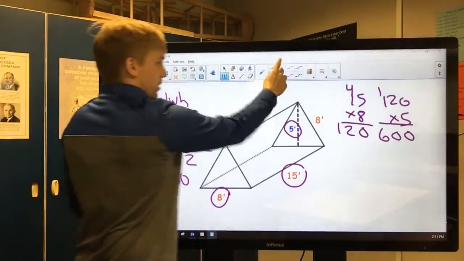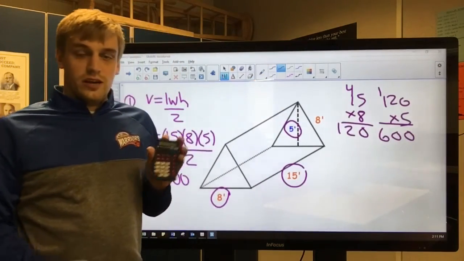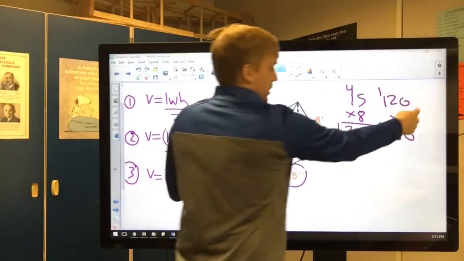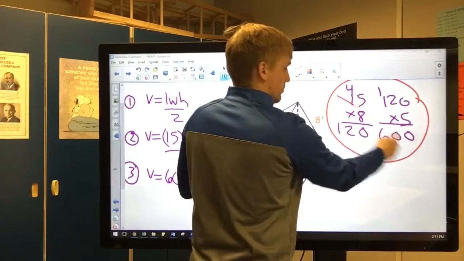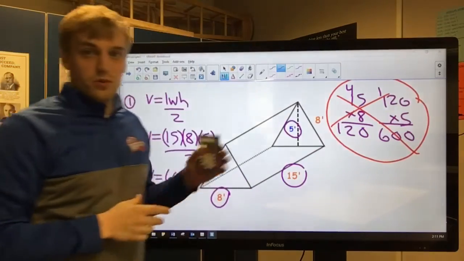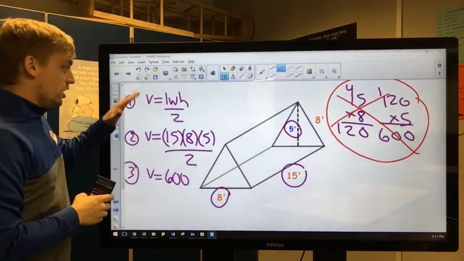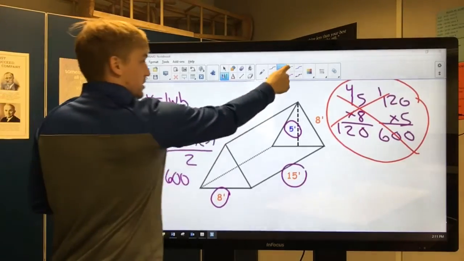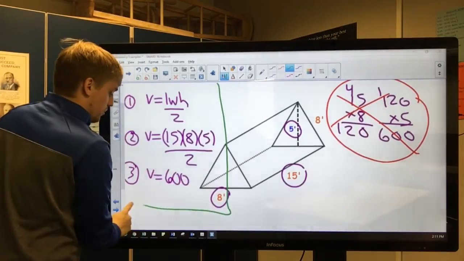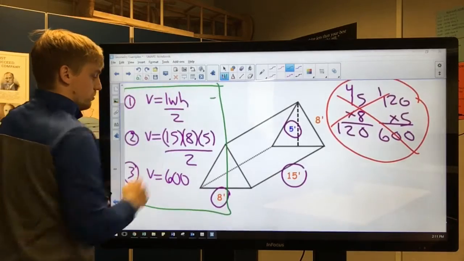Well, since we have a calculator now, this is the work that you don't have to show. You still have to show this work. This is still work that you need to be able to show.